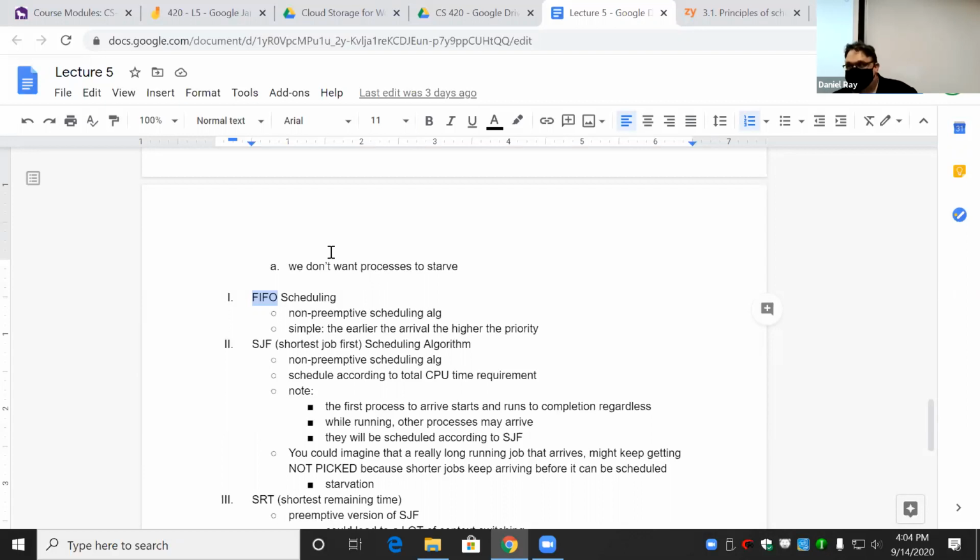What's the problem with this scheduling algorithm? You always got that person who wants to write a check, right? You got that person who wants to write a check and who's taking forever to make an order and finish the job, and all the other processes are waiting on that person.